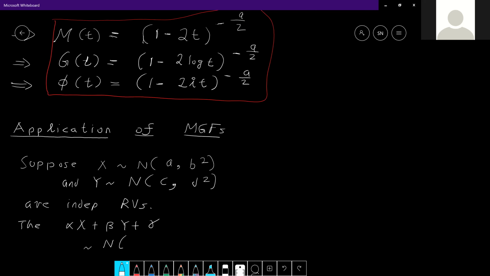The linear combination of the two random variables will have the following distribution: a normal distribution with parameters.